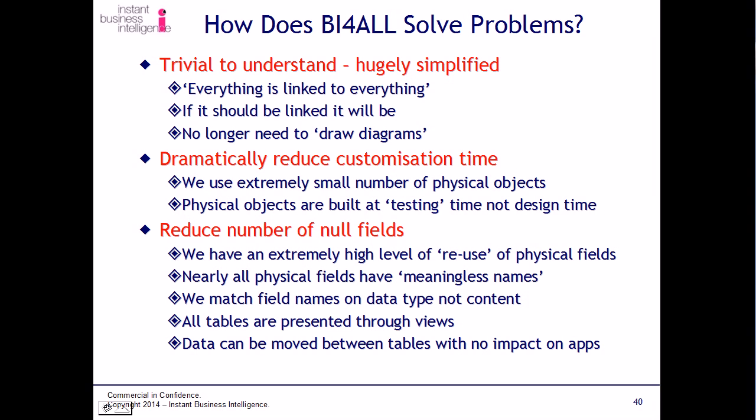Same with integers, decimals, money fields, floats. Whatever the data type of the field is, you can put a field of that data type into it. And that field can be reused quite heavily. And by reusing fields quite heavily, we have a much smaller number of physical objects, therefore fewer indexes, fewer tables, less maintenance, and all the rest of it.